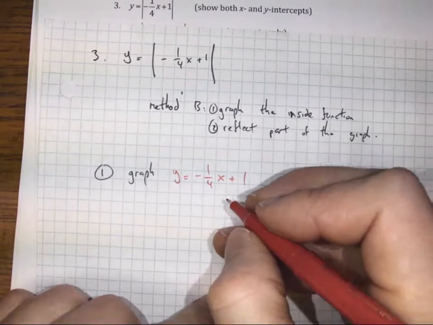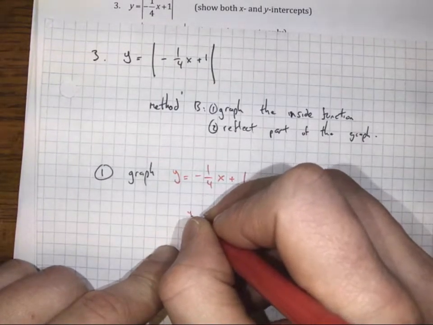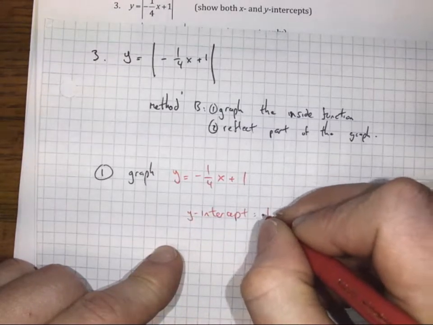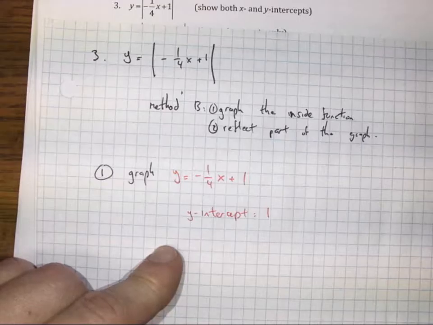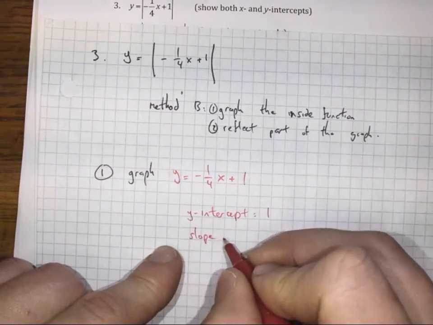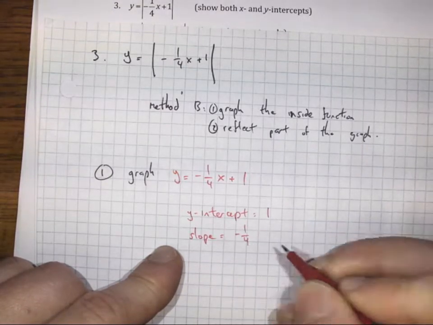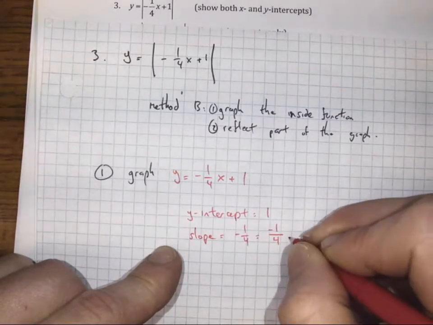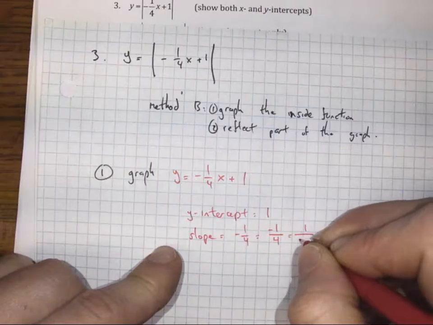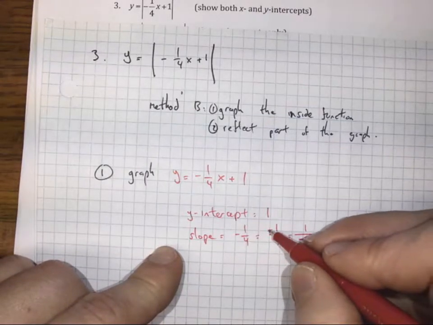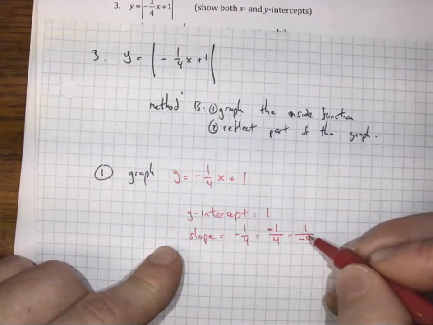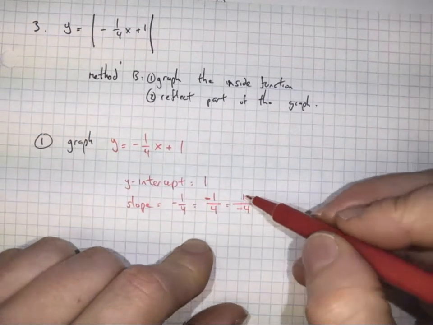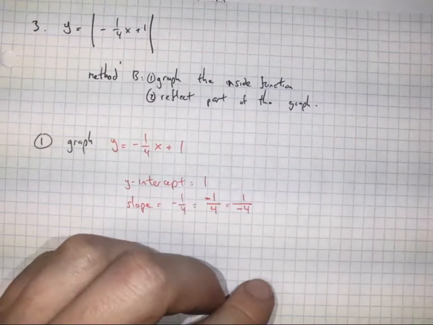All right, so this has a y-intercept, which is equal to +1, and it has a slope, which is equal to -1/4, which, I'll remind you, is either -1/4, or I could think of it as 1/-4. And I can choose which my rise or my run is negative, as long as I don't choose them both to be negative, because a negative over a negative would actually make a positive value overall.